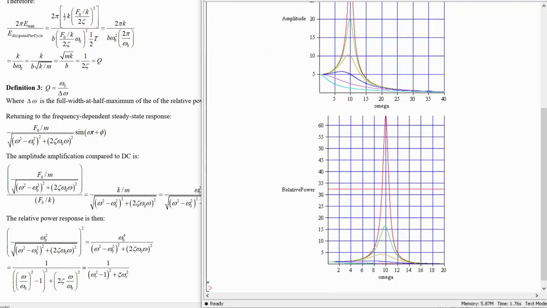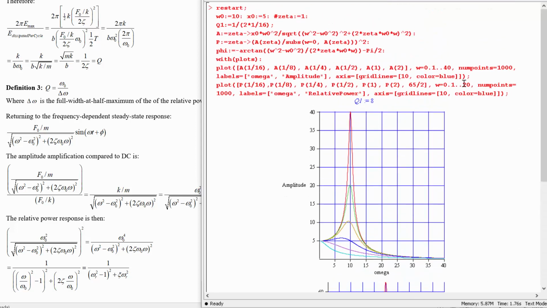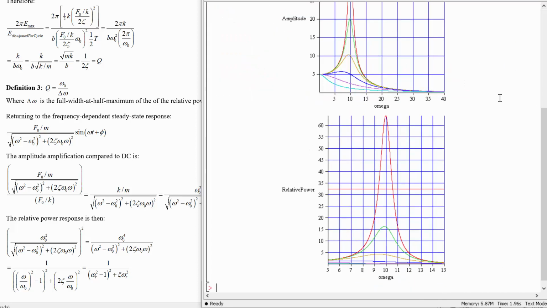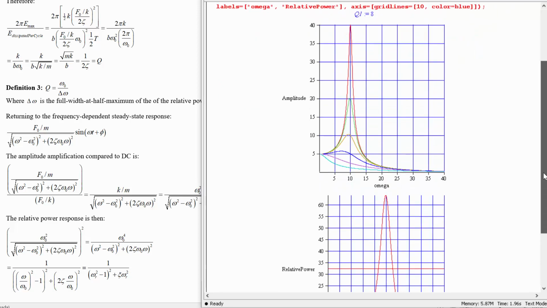Now, this doesn't line up very well with our grid lines, so maybe I'll cut the plot down a bit. Instead of going 0 to 20, let's go 5 to 15. That should make it line up a little bit better. Okay, not quite easy to read off of this thing. Let's spread it out a bit more.